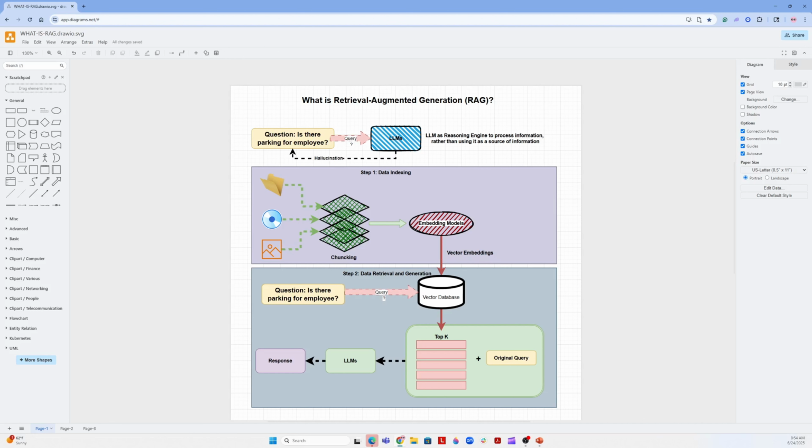Once we've established how the RAG pipeline functions, the next step is integrating it into a language model like GPT-4 to facilitate this connection. One of the important parts is the embedding model.